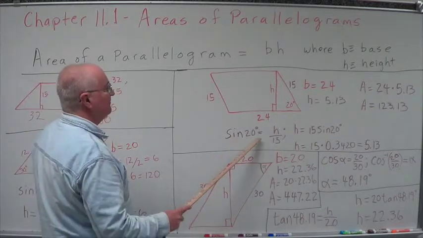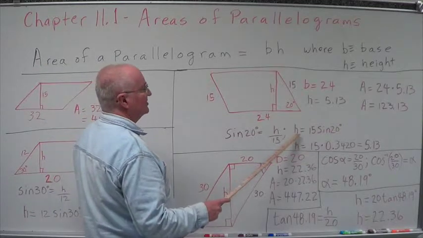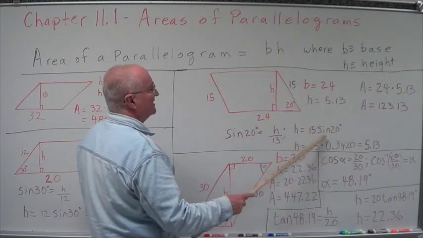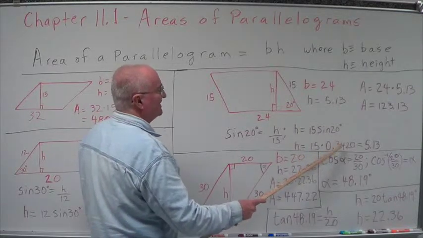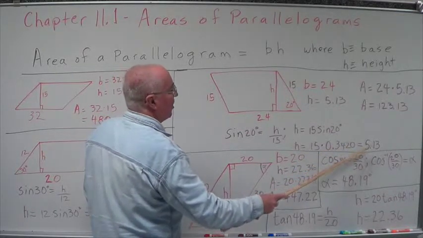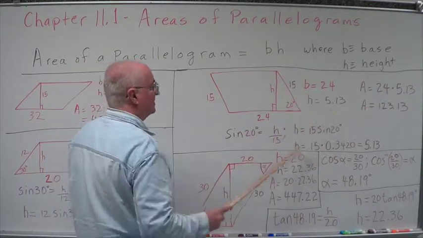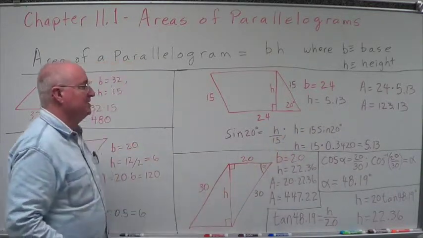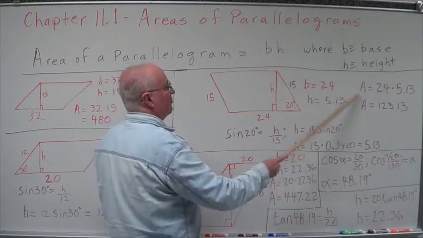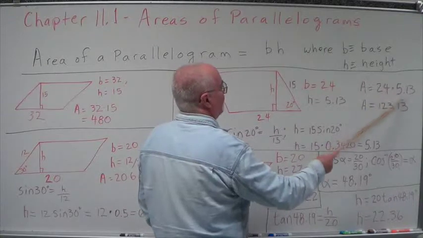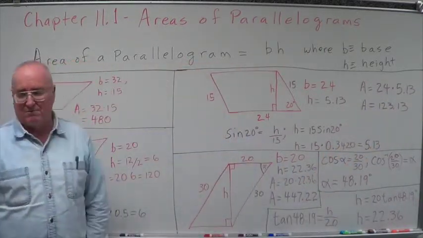So I have the sine of 20 equals h divided by 15. Rearrange that to solve for h. H equals 15 times the sine of 20. H equals 15 times 0.3420, or 5.13. So my height, got from my trig function down here, is 5.13. Now I can do my equation. 24 times 5.13, so the area is 123.13.